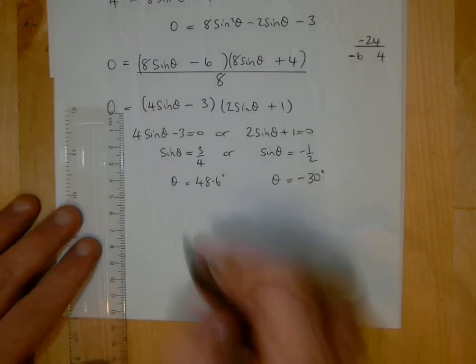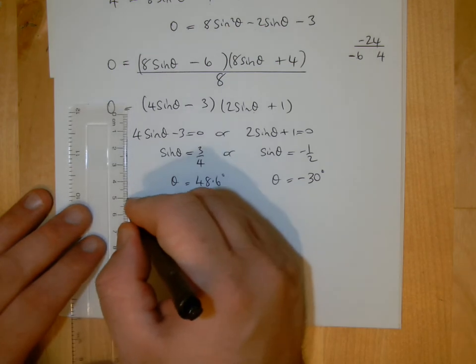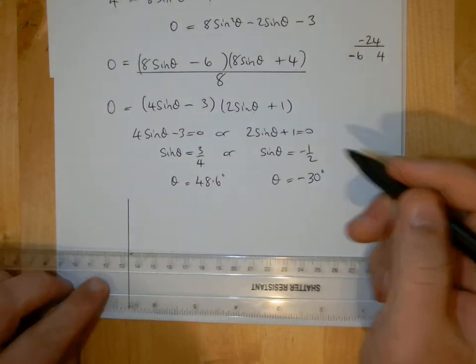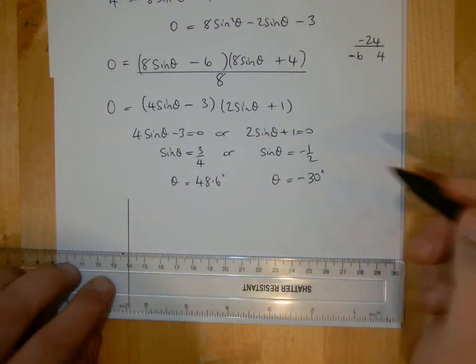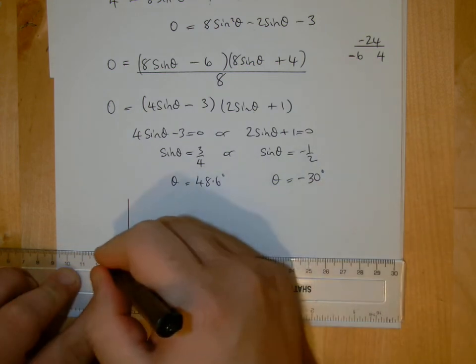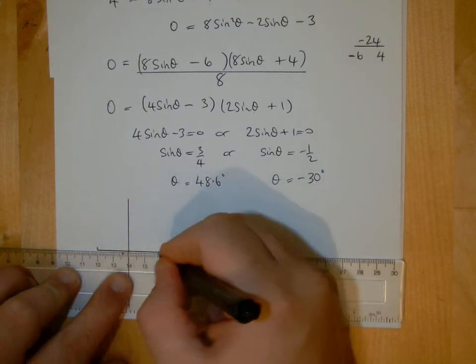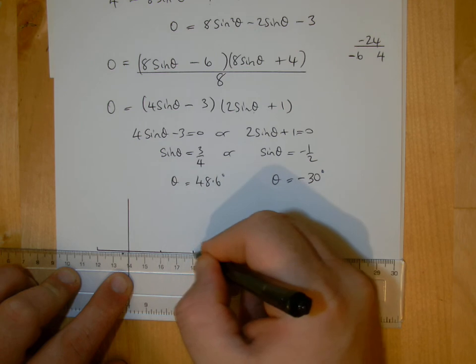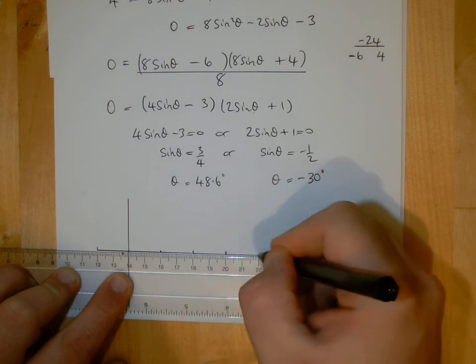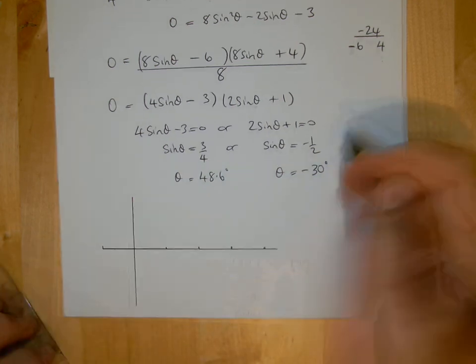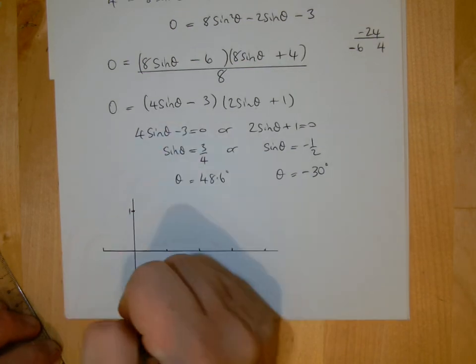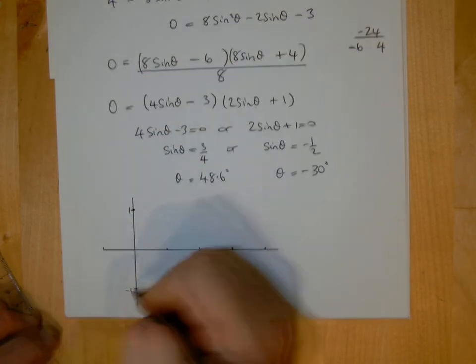Okay, so let's draw the graph of sine. So I need to go, let's just go 2 centimeters this time, because I need to go to minus 90. So we've got 1 there, and negative 1 here.